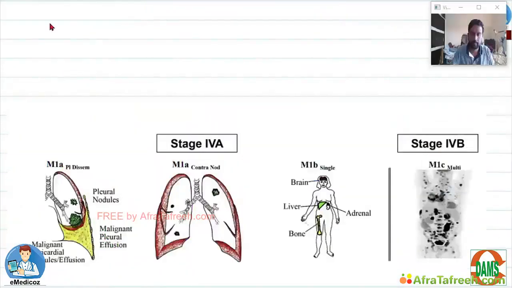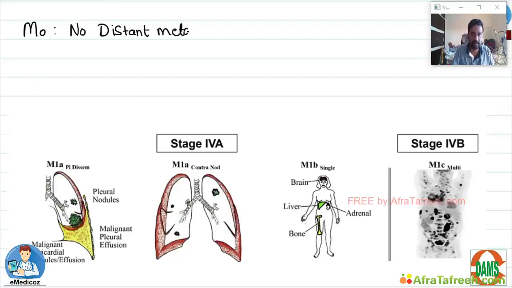Then coming to M, which stands for metastasis. M0 means no distant metastasis. M1 means presence of metastasis, so M1 indicates there is some metastasis.